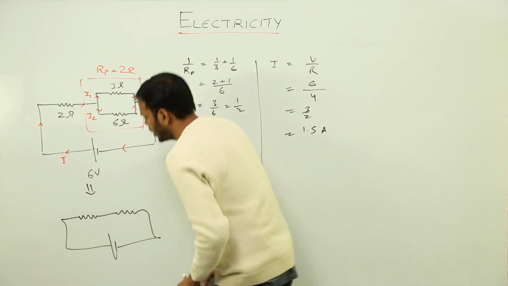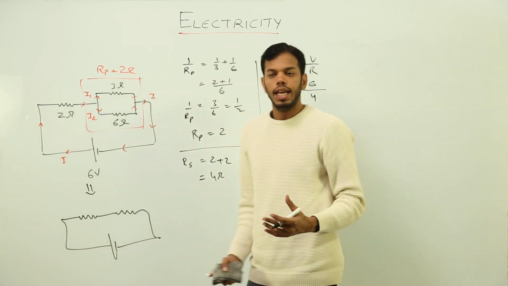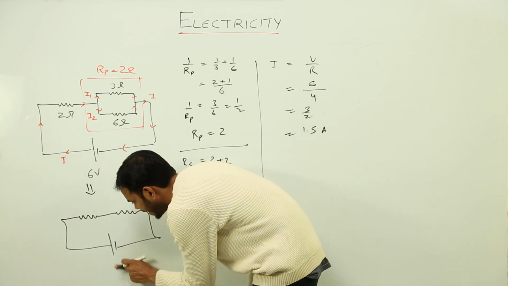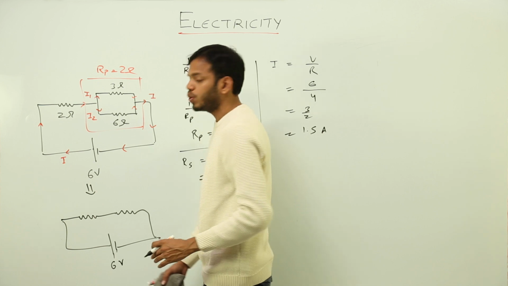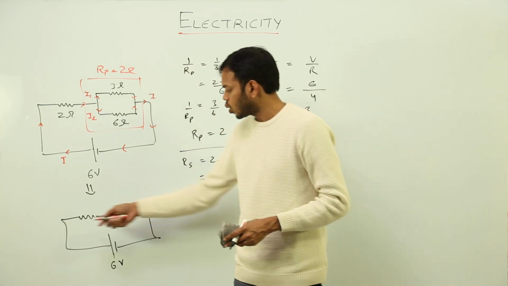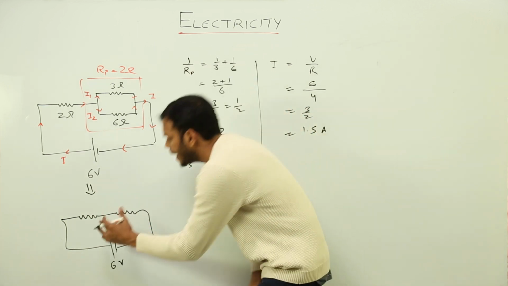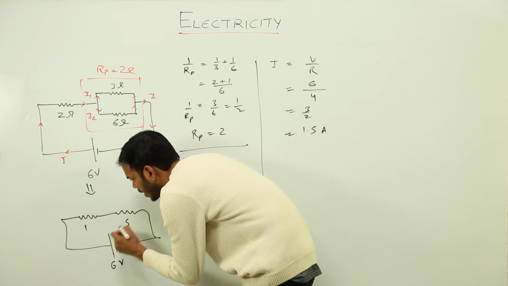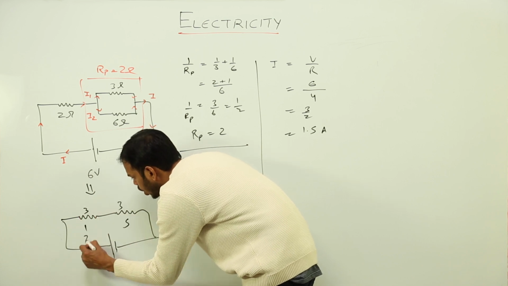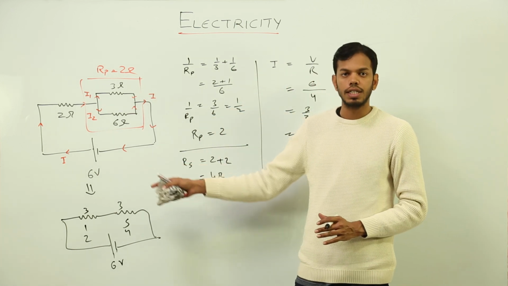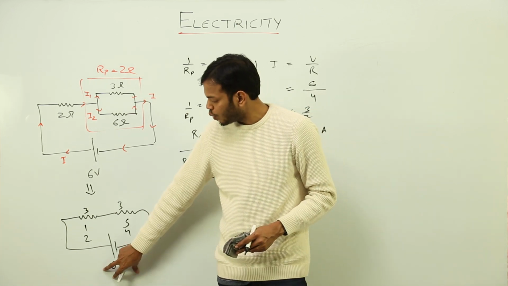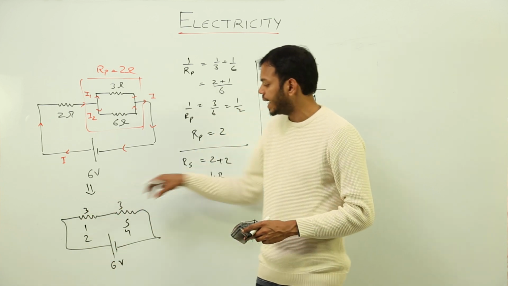As I told you in series and parallel combinations, whatever voltage has been applied, right now 6 volts, is going to get consumed throughout the circuit. This might have taken 1, this might have taken 4, 5 or 3 or 2. They can take any values depending on the value of resistance, but the point is the 6 volts is going to get completely utilized in the circuit.